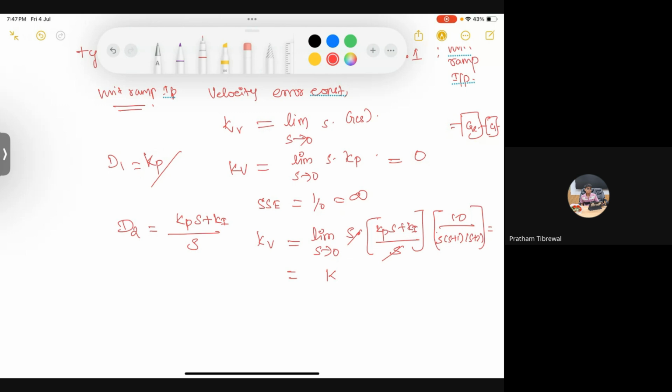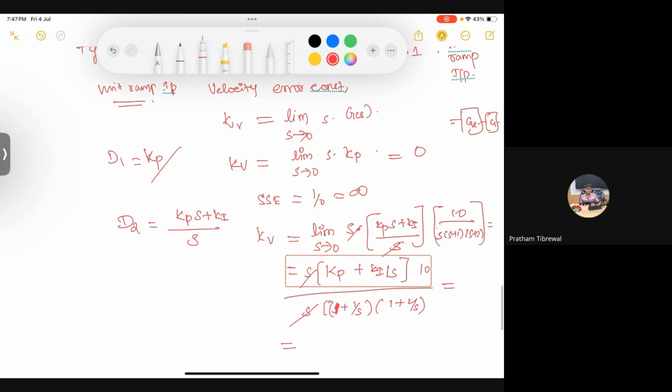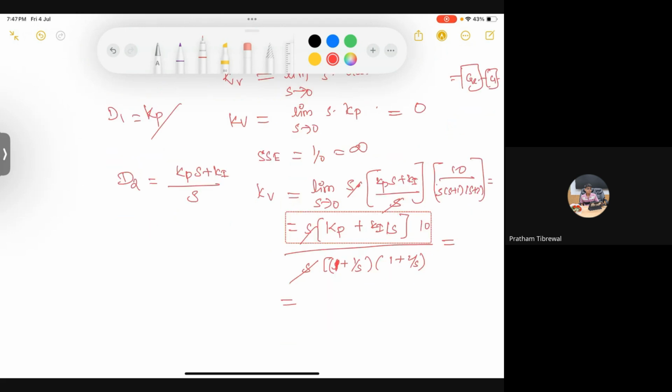If I take an s out of it, this will become Ki by s into 10 s into s plus 1, which will become 1 plus 2 by s, because there is a term here down in s. I want to cancel it out. If I do all these things, this will become Ki plus 1 by 0.